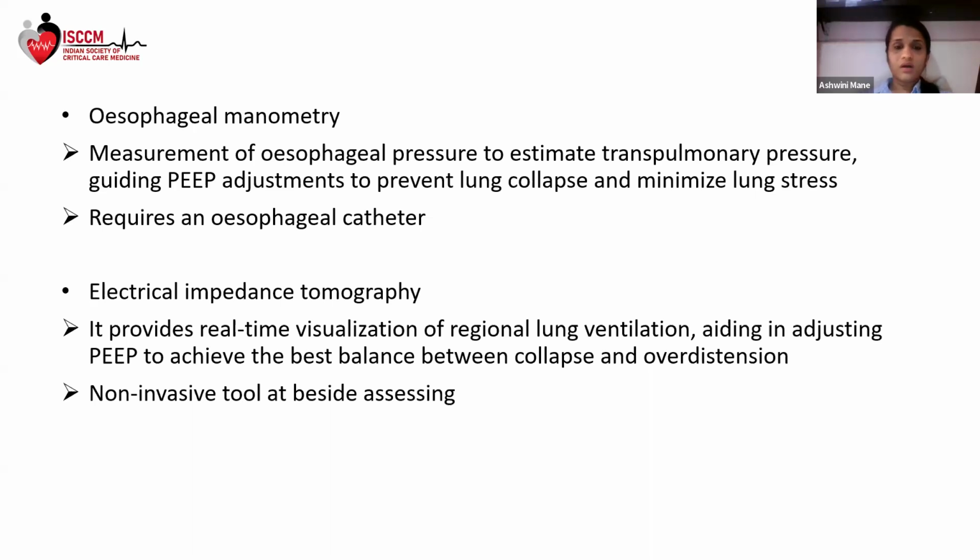So we'll get one image on the screen, and then we'll adjust our ventilatory settings, and then we'll compare the images before and after the ventilatory setting, and we can judge whether our lung image is improved or not. And then we can find out the appropriate ventilatory settings according to the improvement in the images of the lung.